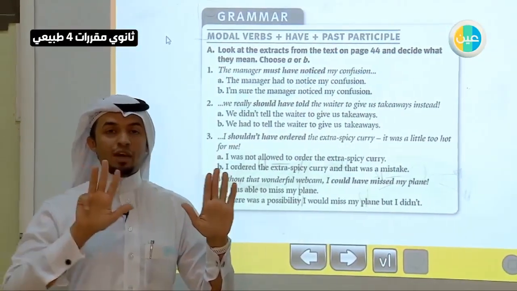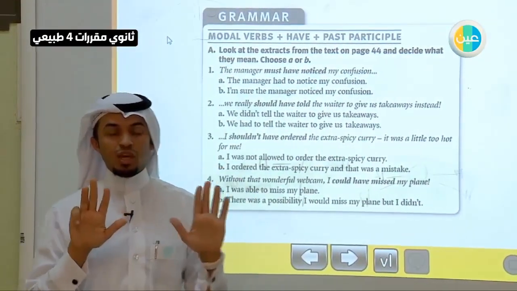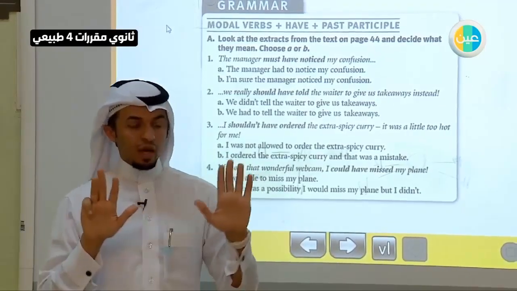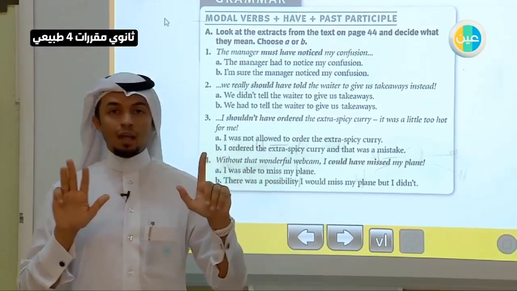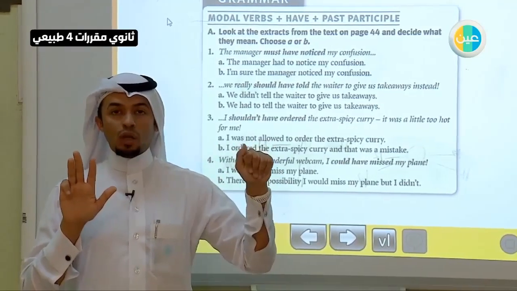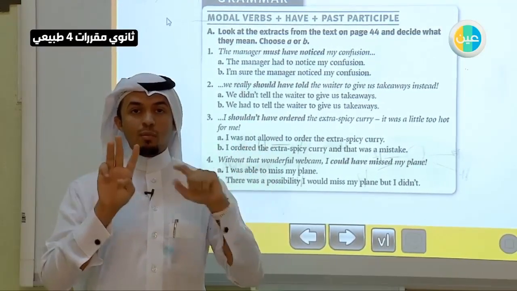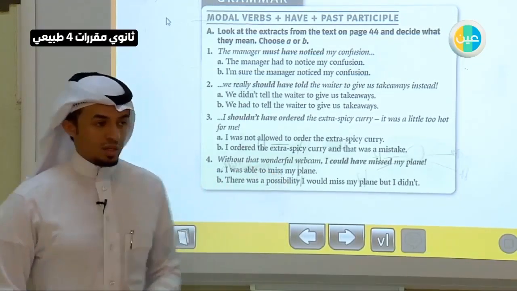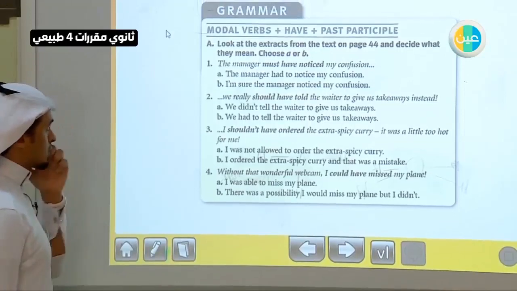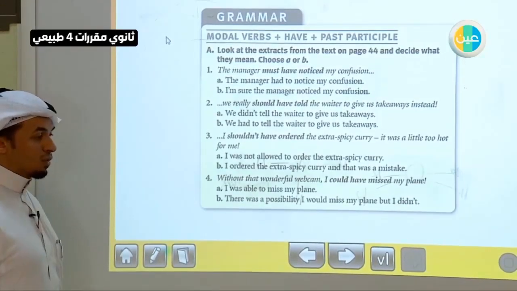So we have 9 words that we say are modal verbs. Again, can, could, shall, should, will, would, may, might, and must.